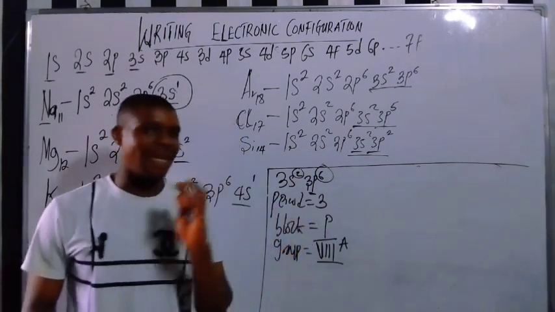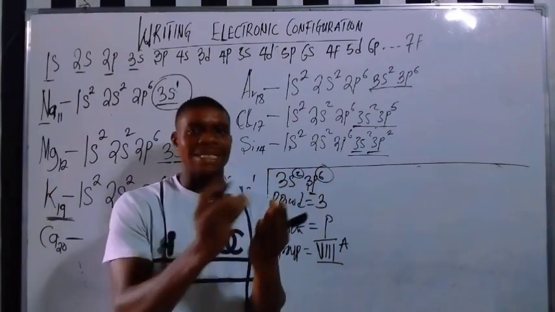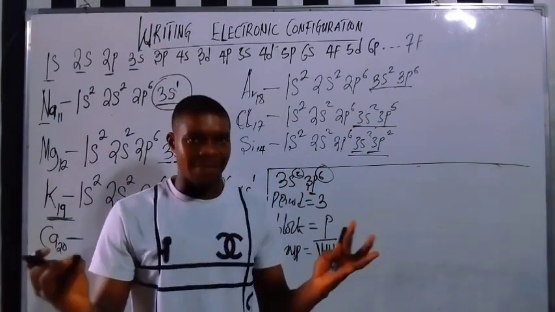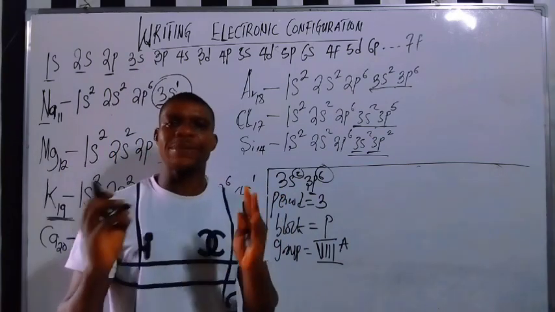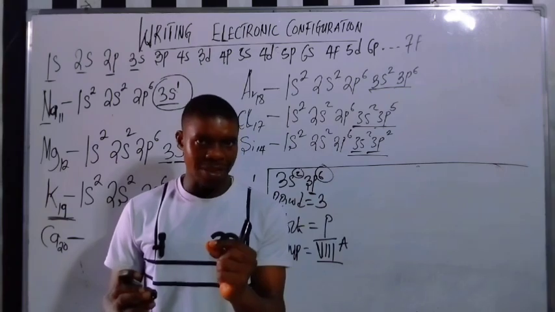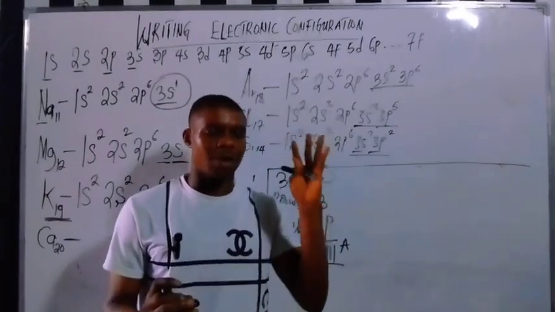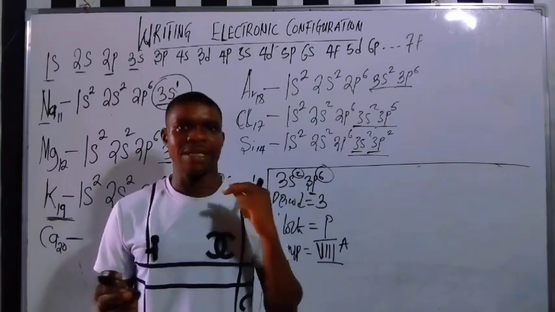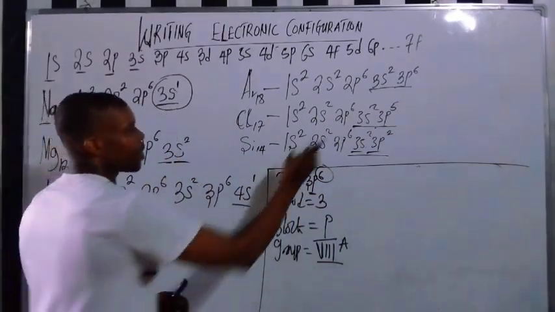You put A because the s block and p block represent representative elements. They are called representative elements. So every representative element will be symbolized with A. Do you understand? So if the element belongs to block s and p, you put the A here. Now we are done with this one here.